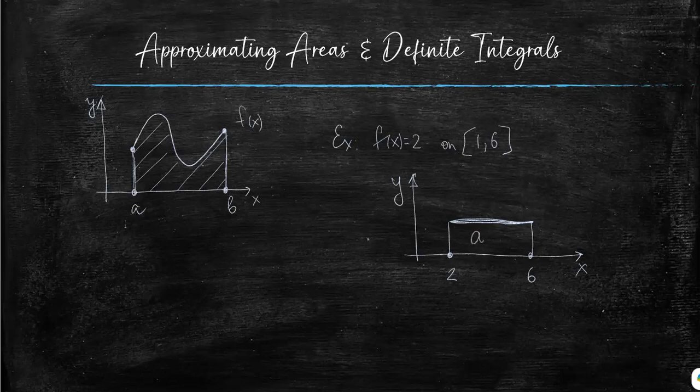To find the area of this rectangle, we can use the formula height times base. So the height is 2, and the width is also easy to see. The width is 5. So the area under this particular graph is going to be 2 times 5 equals 10, whatever the units are.